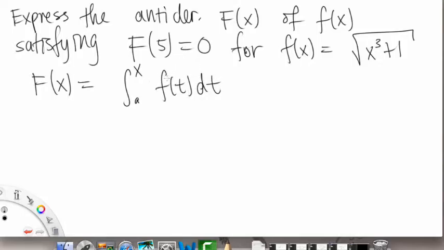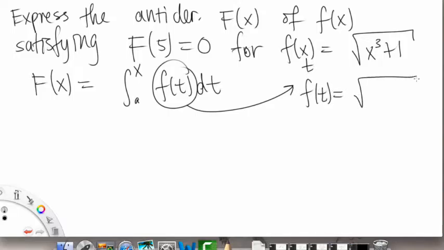Okay, so the first thing that we're going to do is a really simple step. We just want f of t, lowercase f of t, so we're just going to plug a t in for the x spot. So f of t is going to equal the square root of t cubed plus 1. Okay, so that part's done. And now we don't know what our a is, right? x is just going to be x in the end, but we don't know what a is.